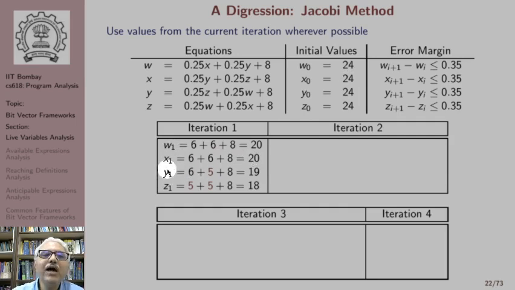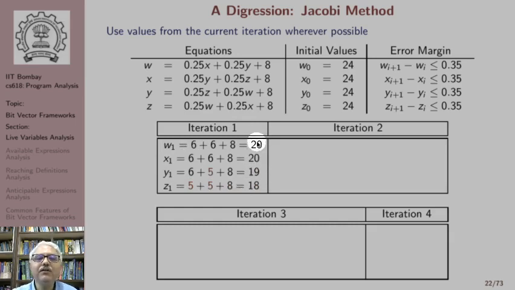However, for y1 we need the value of w, and this w1 has been computed in this iteration. So we use the value from the current iteration, which is 5 here, so we get 19. Similarly for z, we need to use values of w and x, and w1 and x1 have been computed as 20, so we use 5 plus 5 plus 8, and we get 18.